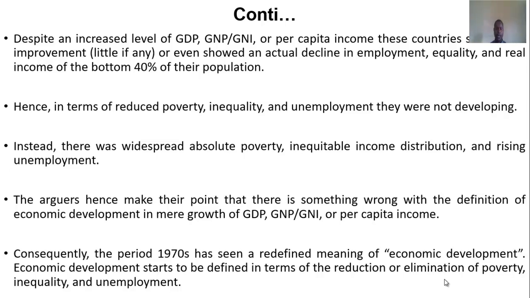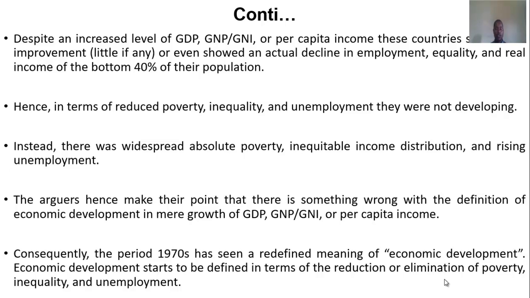So there is a problem with the definition of economic development in terms of those parameters. Consequently, in the 1970s, the meaning of development was redefined. Economic development was redefined in terms of reduction or elimination of poverty, inequality, and unemployment.